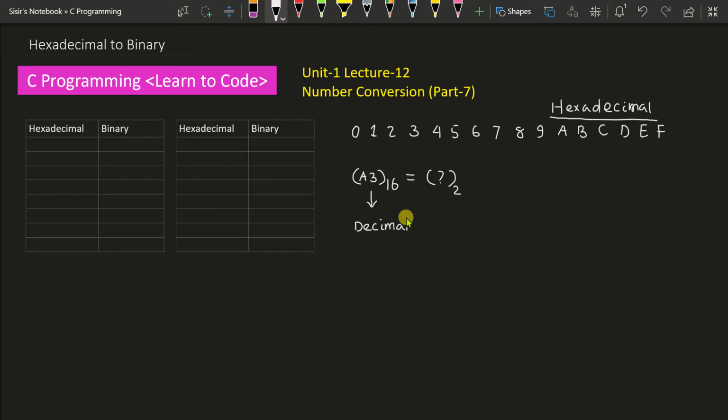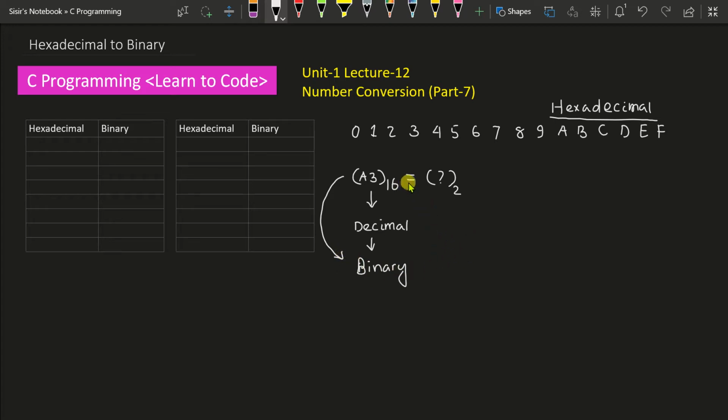Hexadecimal to decimal we have already discussed in the previous videos. Then after converting it to decimal, we convert this decimal number to its binary equivalent. So indirectly we can convert a hexadecimal to binary through this procedure.